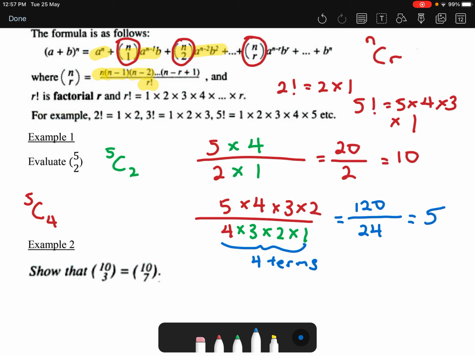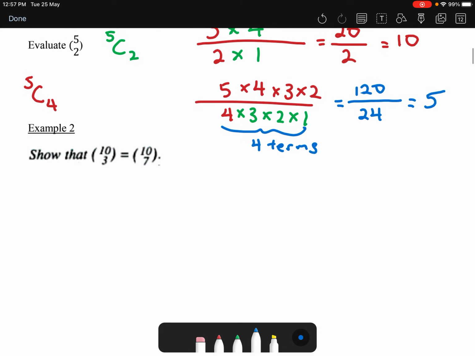This is how you do n choose r. Let's take a look at another example. Show that 10 choose 3 is actually equal to 10 choose 7. First, 10 choose 3. Let's determine this.